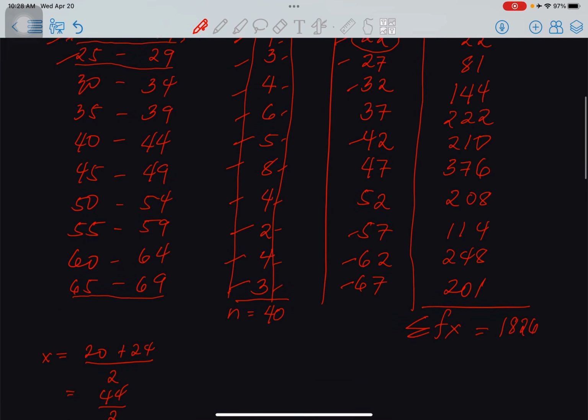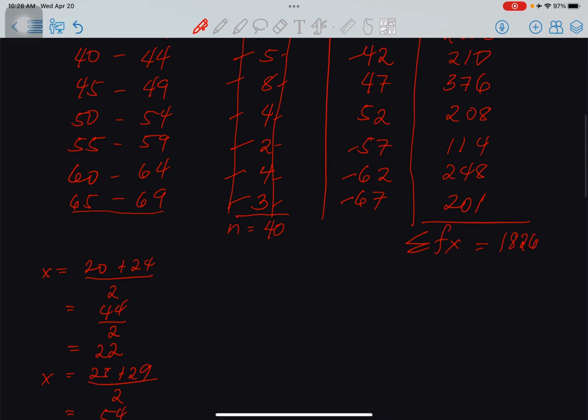Now we are going to use the formula in order for us to find out the value of our mean. We have mean is equal to summation of fx all over n. So we will replace your summation of fx by 1826. Then we will divide this by n, and your n is equal to 40.